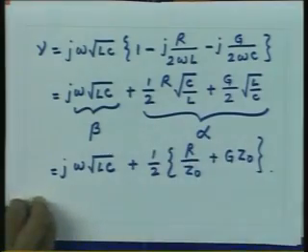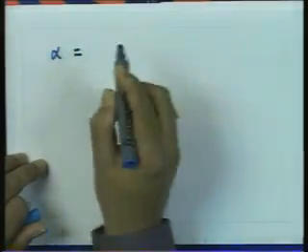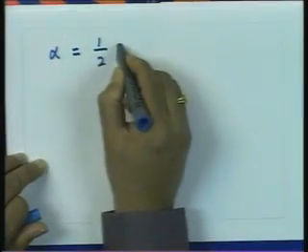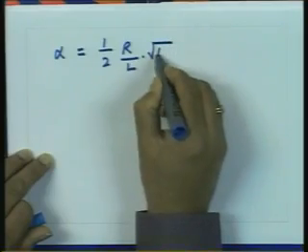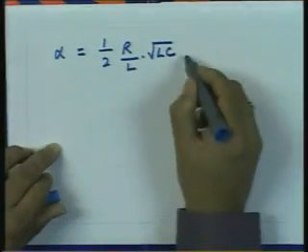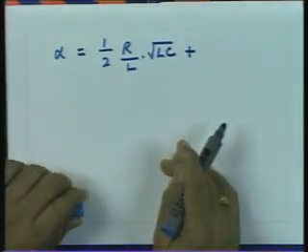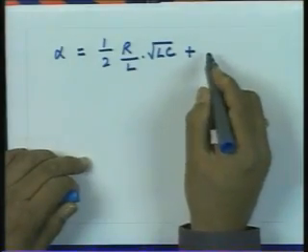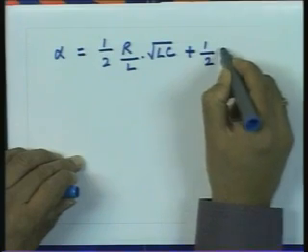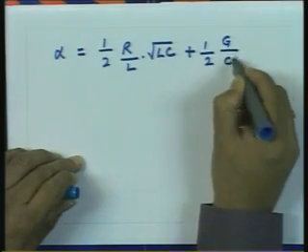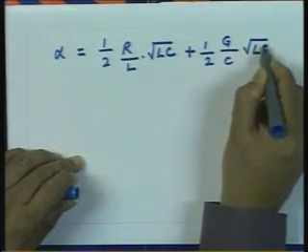So, alpha now can be written, with this substitution, as half into R upon L into square root of LC, plus half G upon C into square root of LC.